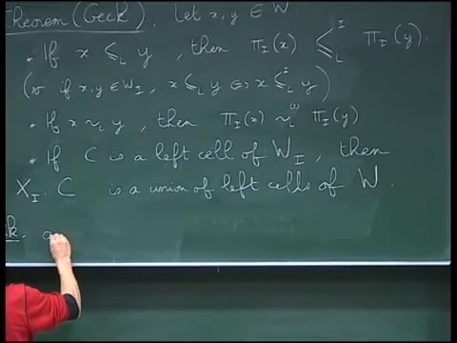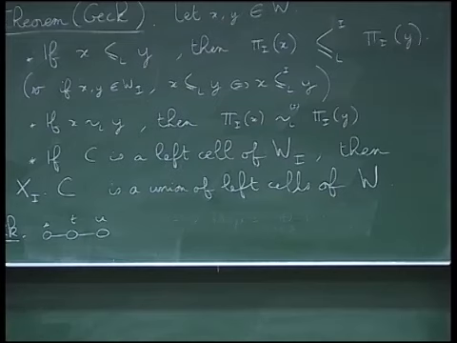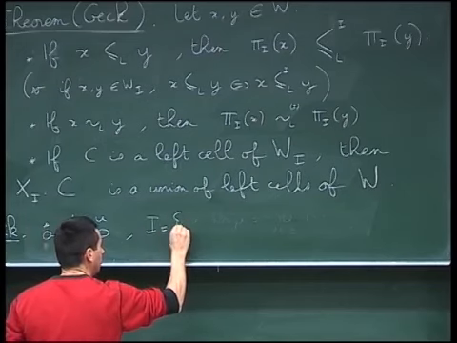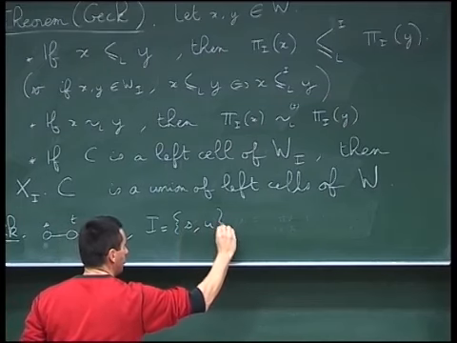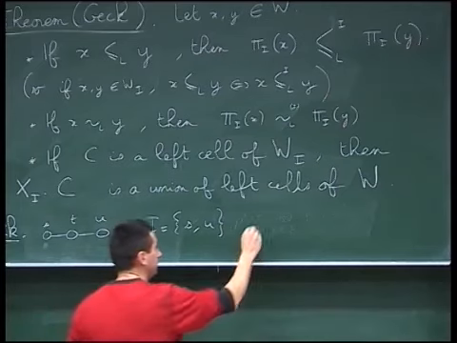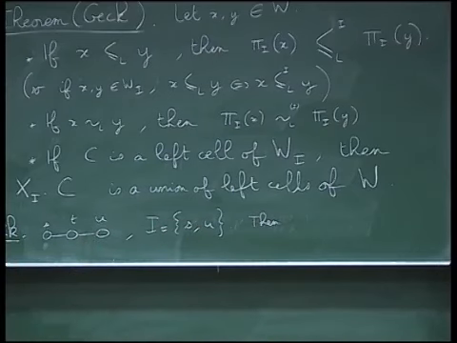For instance, in A3, with generators S, T, and U, if you take I to be S and U, so the extreme elements, then in fact in W all the simple reflections are in the same two-sided cell.